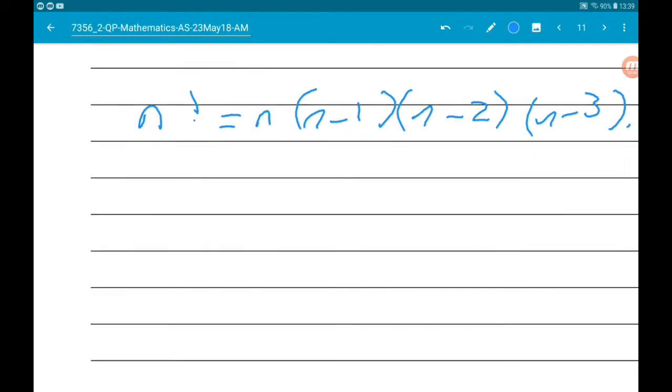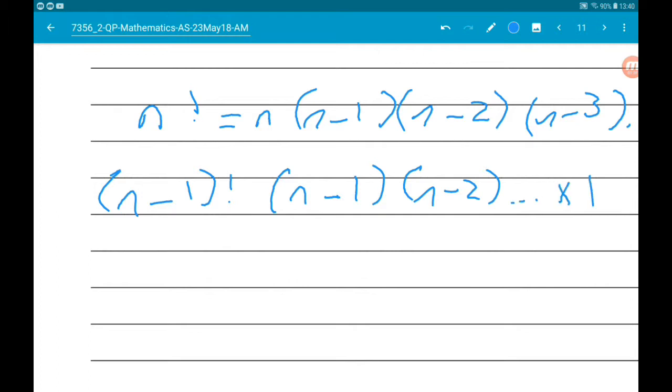So n minus 1 factorial means n minus 1 times n minus 2 times n minus 3 times n minus 4 all the way down to times 1 at the end. So notice that n minus 1 factorial is part of n factorial.